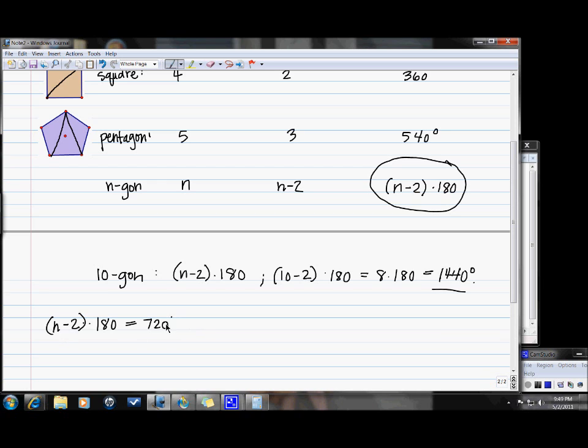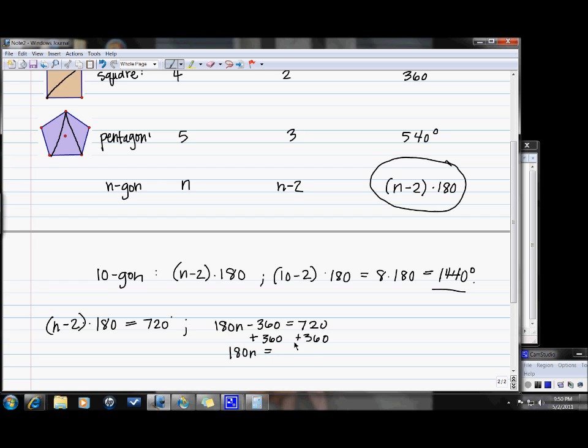So all we need to do is solve for n. So we can distribute that 180 through, and we have 180n minus 360 equals 720. Add that 360 to both sides because we want to get that 180n all by itself. We want the n by itself on that side. So that leaves us with 180n equals 1080, I believe.